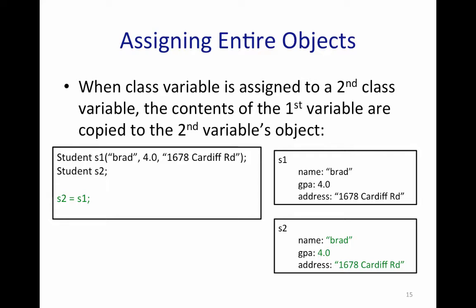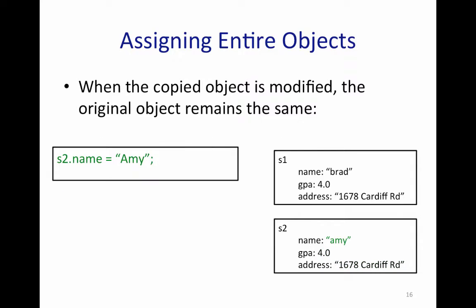It's like giving you a second form. Remember I said you could think of these records like they're forms. It's just like giving you a blank form and you look at the first form and you copy the contents of the first form into the second form. And then if you change the member variable in the second object, it only changes it in the second object.